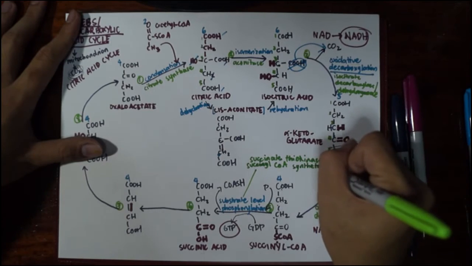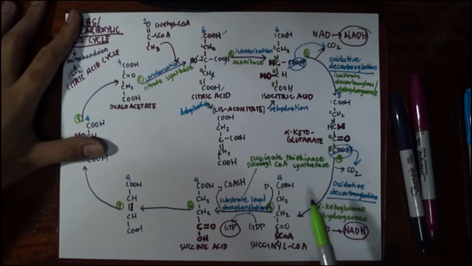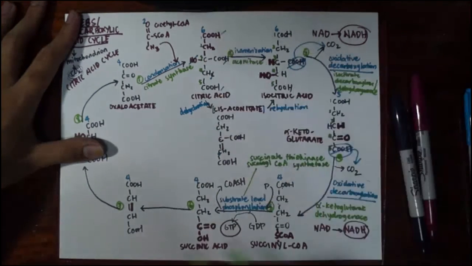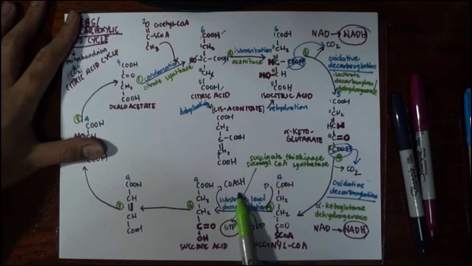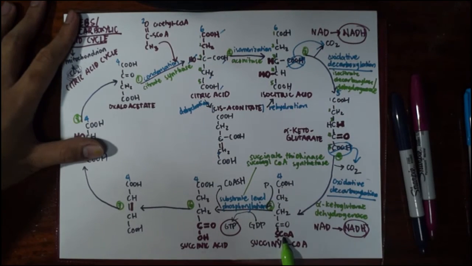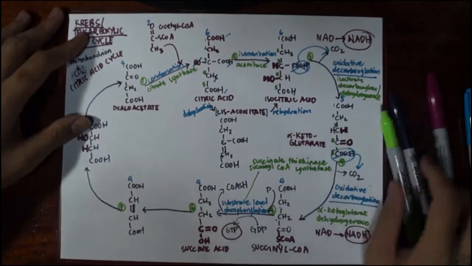And this is very deceiving because we assume that this enzyme facilitates the creation of succinyl-CoA out of succinic acid, but in the normal flow of the Kreb cycle, this enzyme does the opposite. Alright, does the opposite, meaning from with CoA to without CoA. So the reverse reaction is being done here.